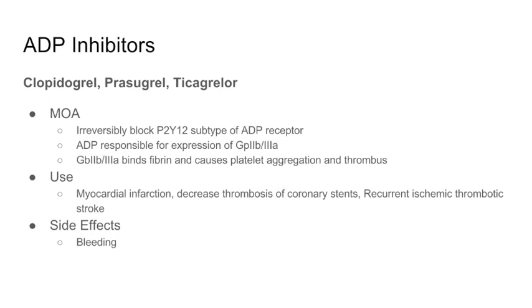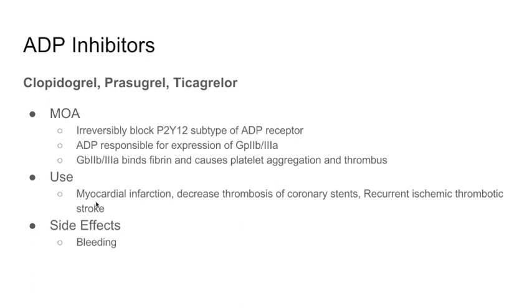And why ADP receptor is important is because it's responsible for the expression of the 2B3A receptors. And do you guys remember what 2B3A receptors do? Yes, they bind the fibrin clot to the platelets and make a stable clot.